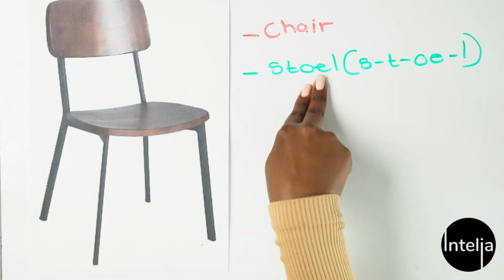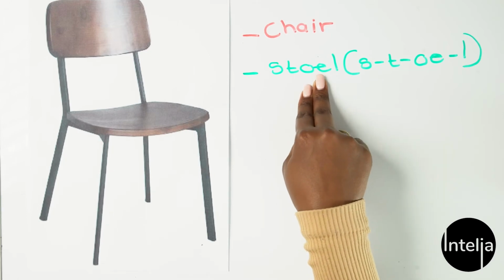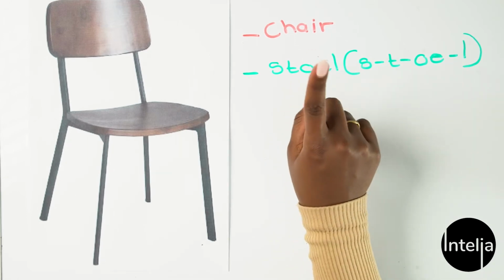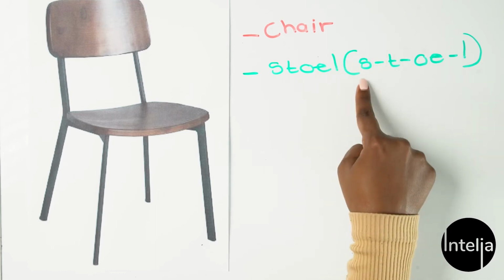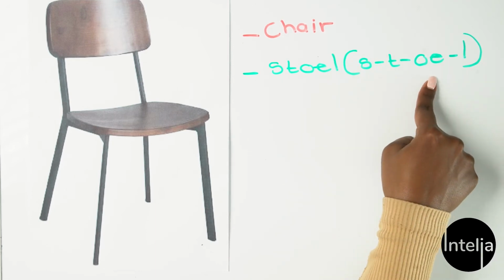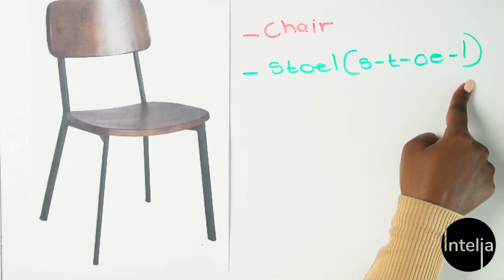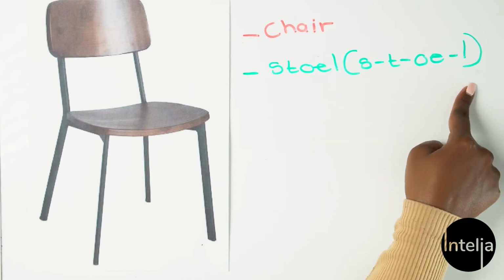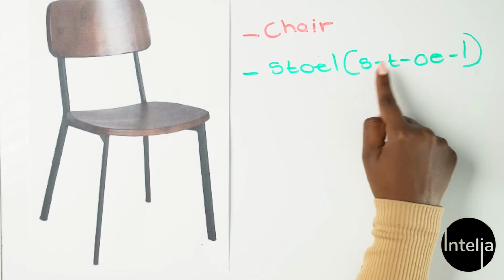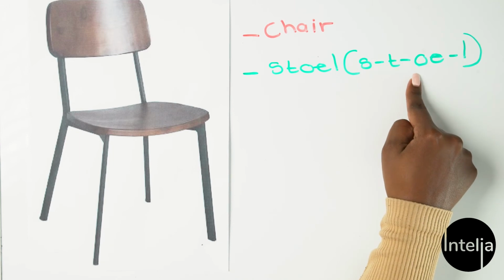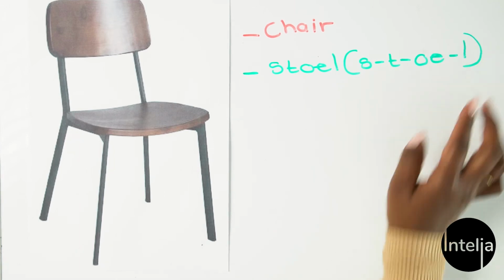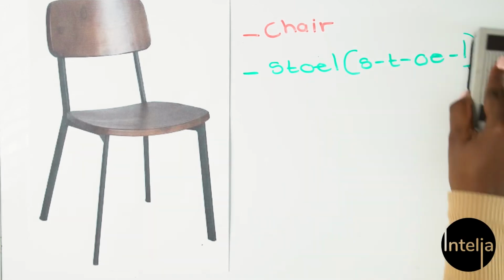But these two klanke, these two vowels together make one sound. Stoel. Stoel. Let's say that again. Stoel. We can actually break it up further.